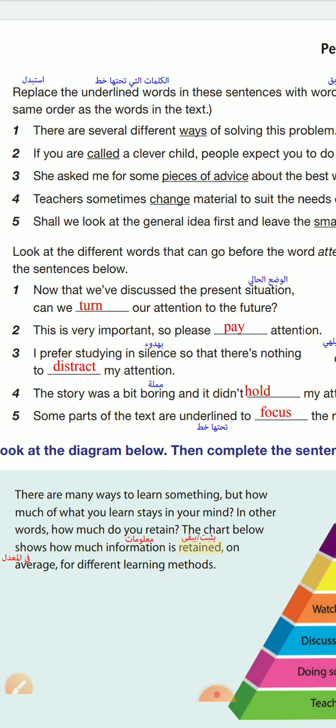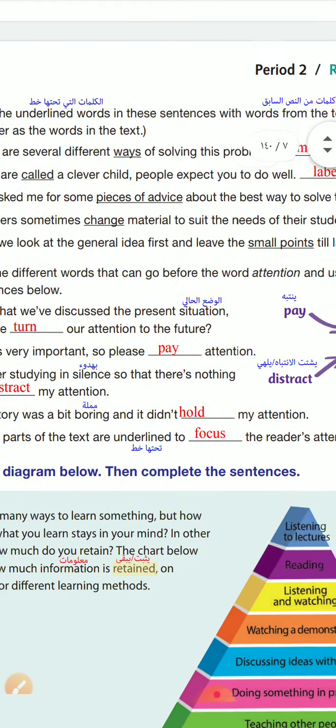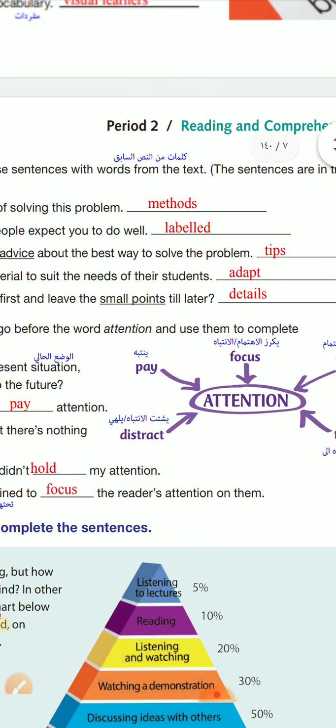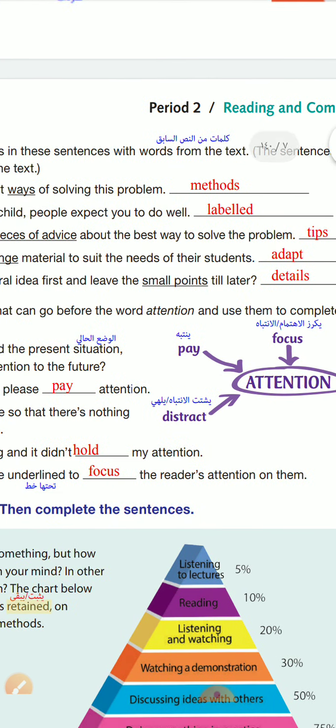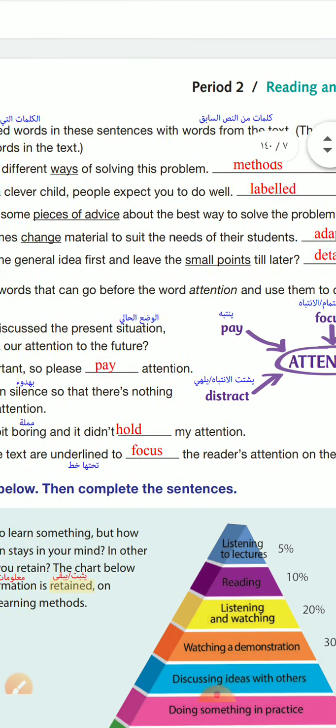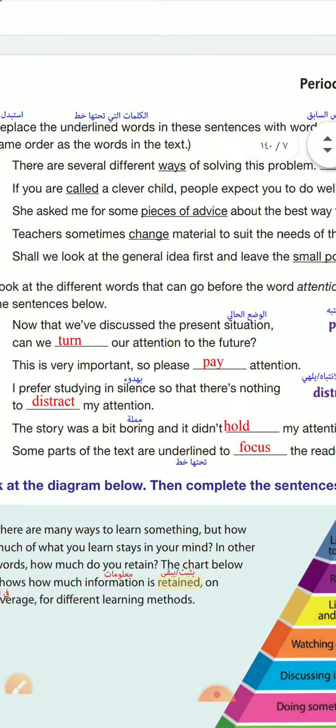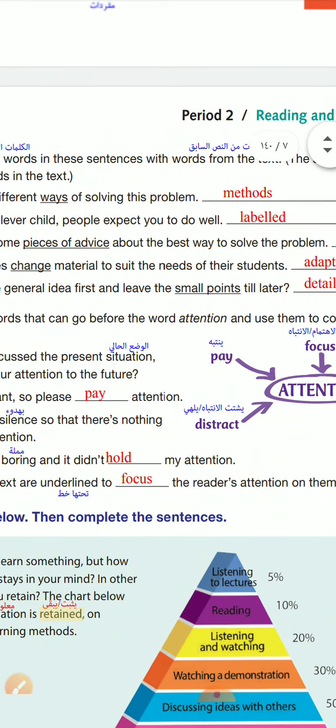Number 3: she asked me for some pieces of advice about the best way to solve the problem. Yes, pieces of advice means tips. Number 4: teachers sometimes change material to suit the needs of their student.